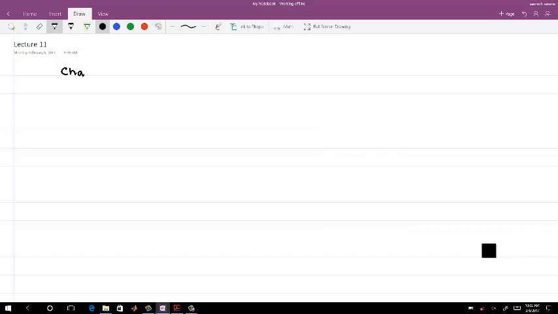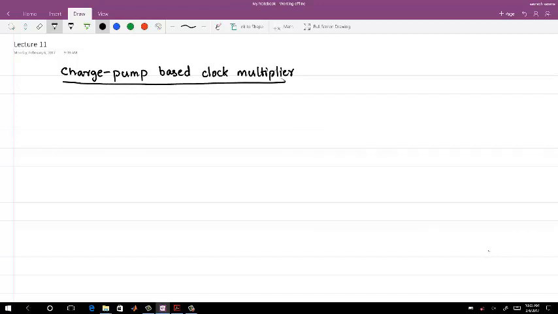So at the very end, we looked at the charge pump based PLL as a clock multiplier. I will draw the small signal diagram of the PLL as a multiplier.